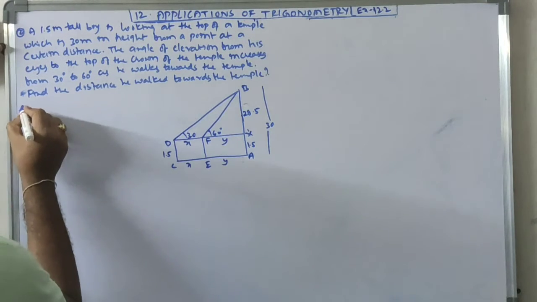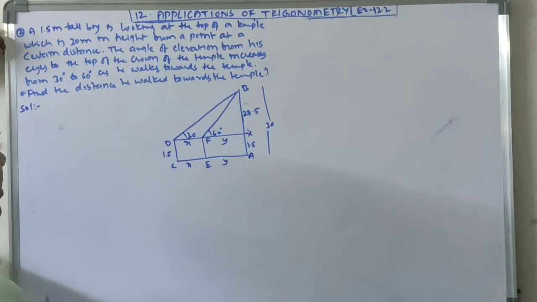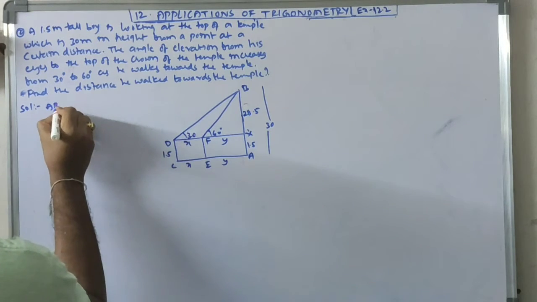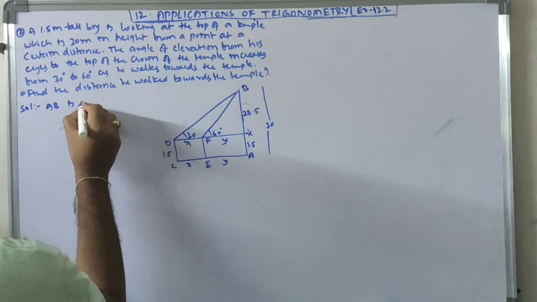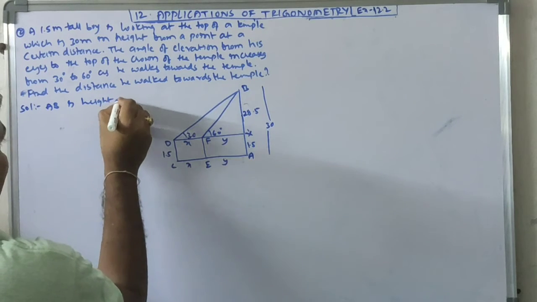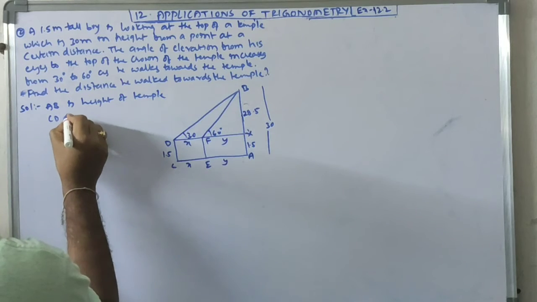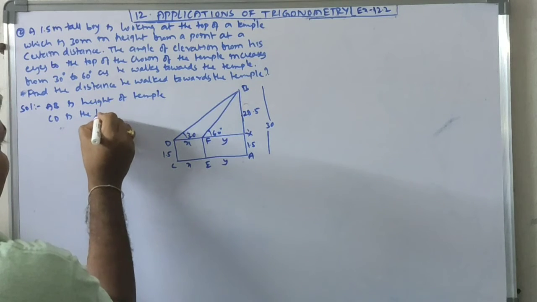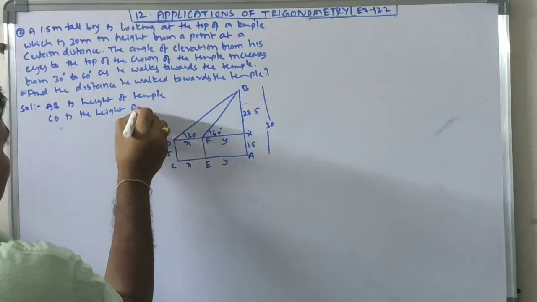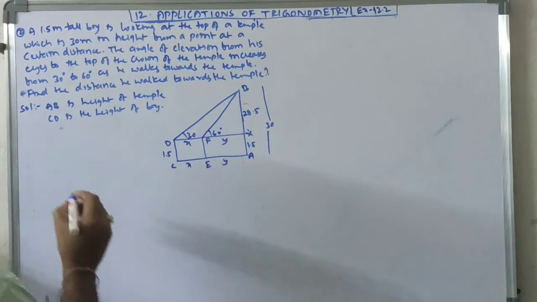Okay, now coming to the solution. First, what is given? AB is the height of the temple. CD is the height of the boy.